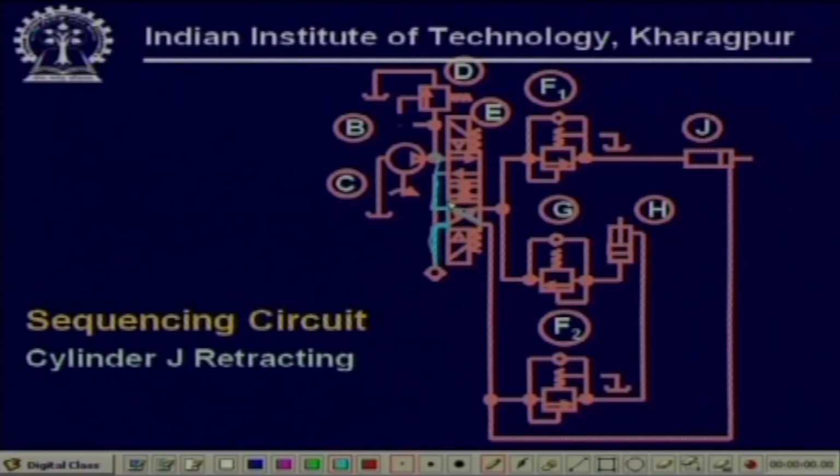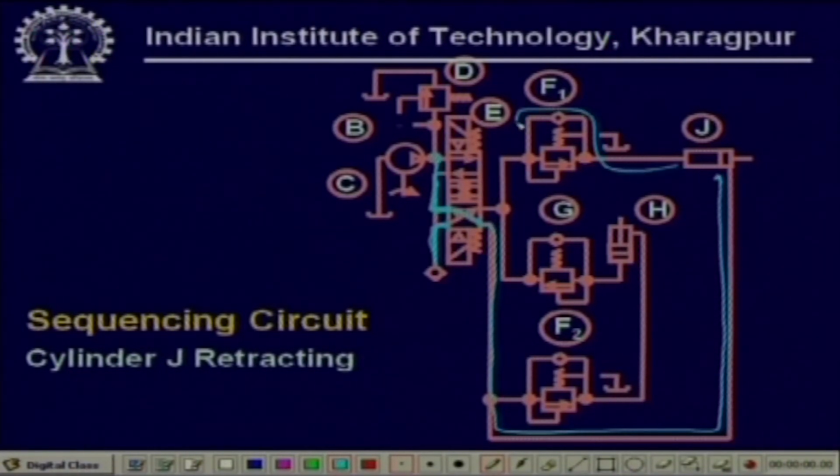So now the pump flow is connected like this, goes through this, cylinder J retracts, flows out through this free flow check valve, and goes through this to the tank. Cylinder J retracts, right?